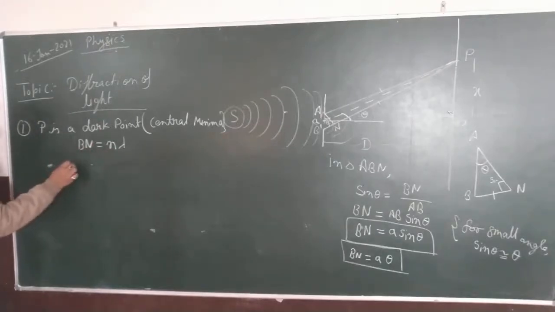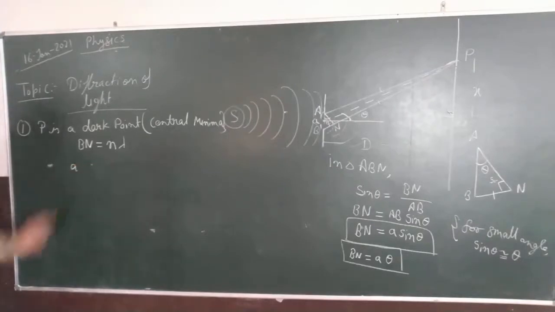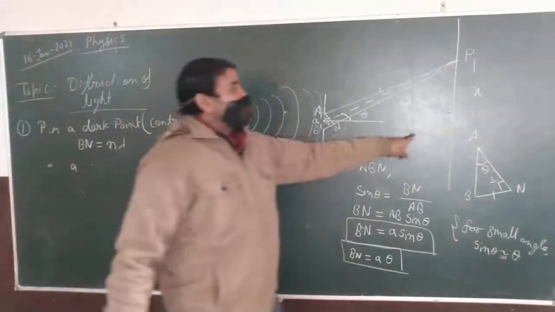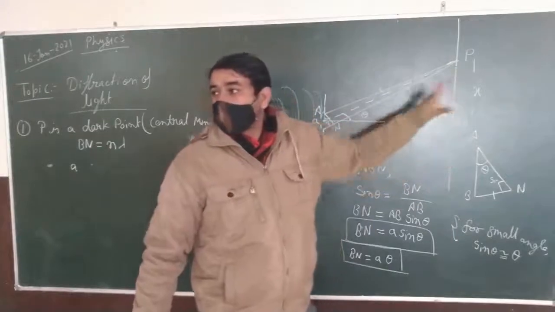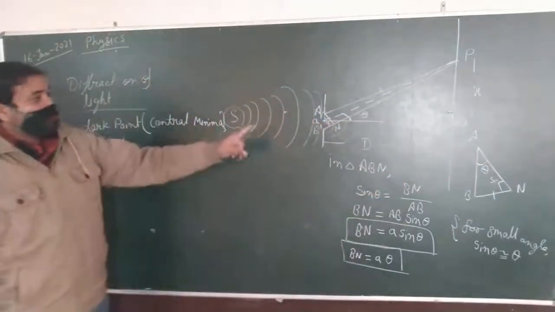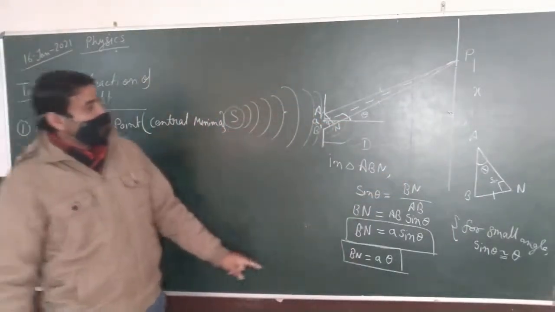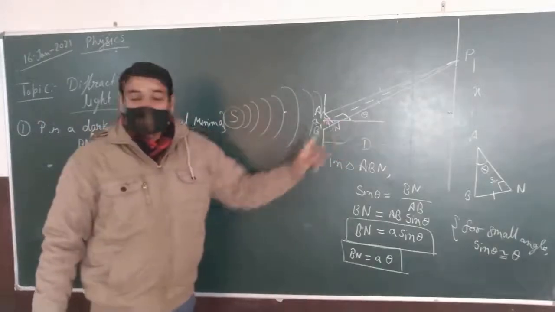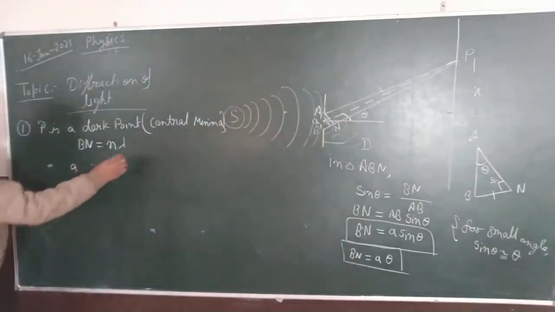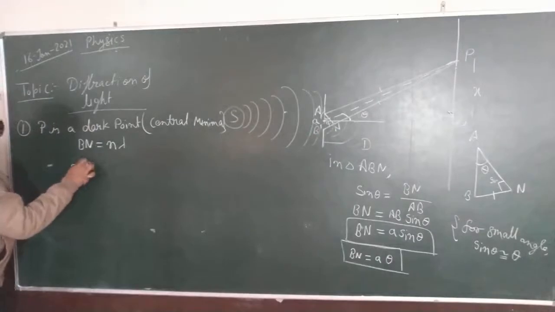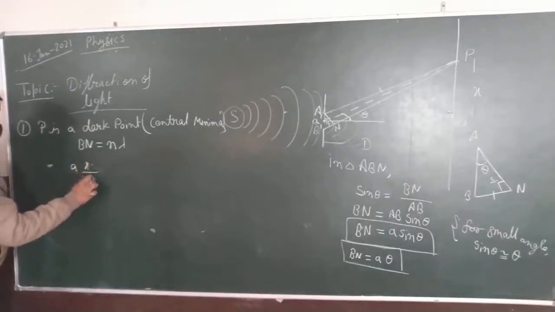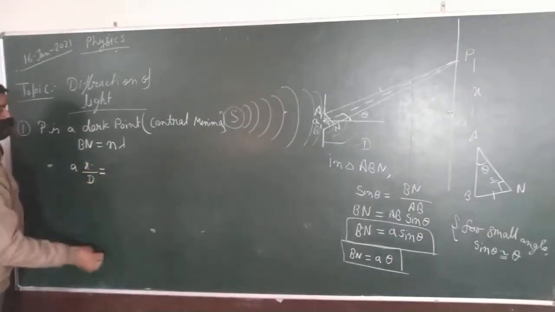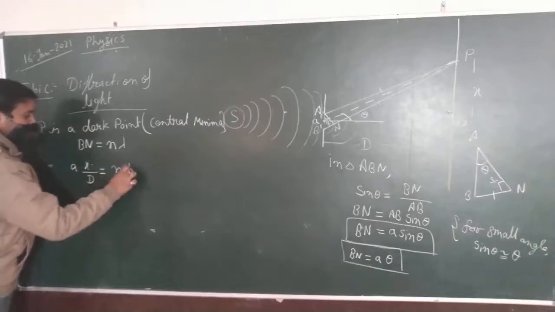So a theta is equal to n lambda. What is theta here? Theta is x upon D. So we can use here a x upon D is equal to n lambda.